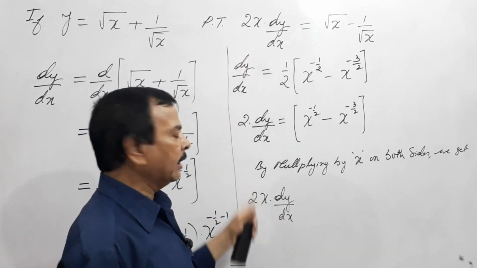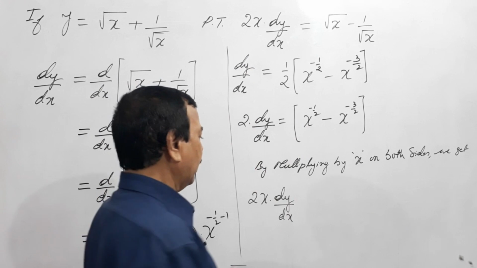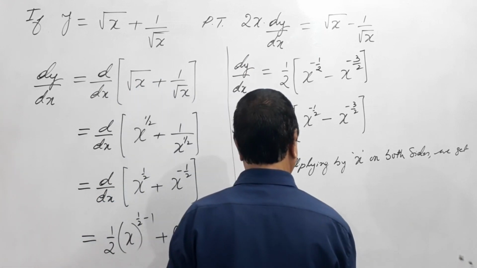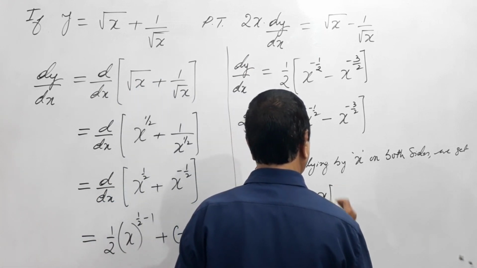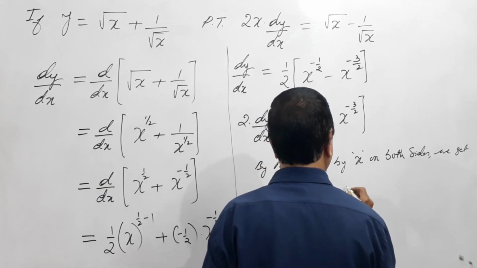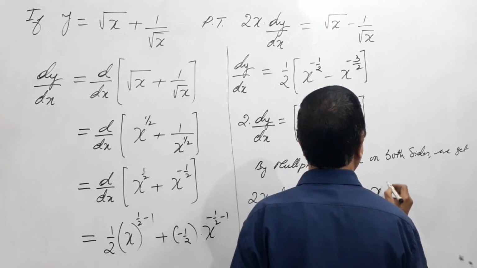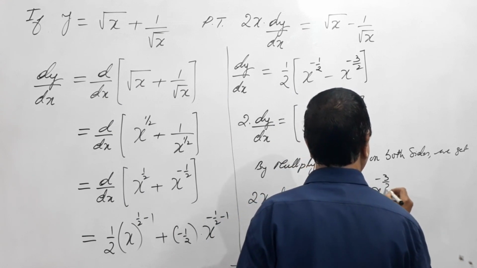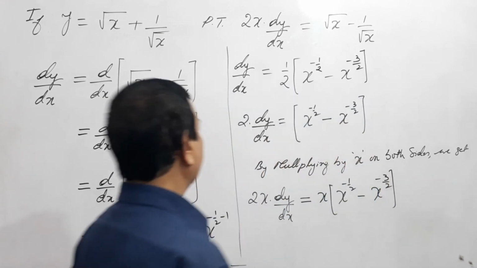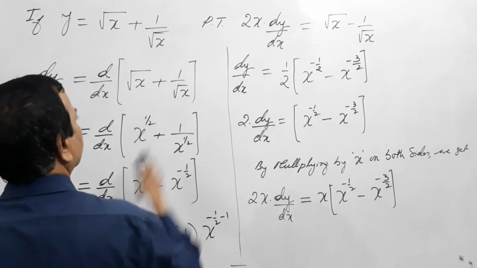Now what happens here? This equals x into x to the power of minus half minus x to the power of minus 3 by 2. Done.